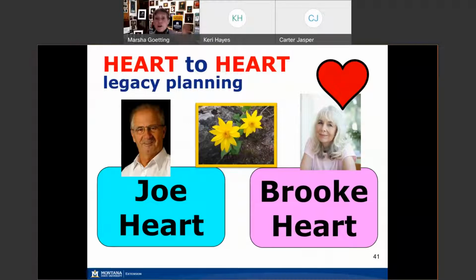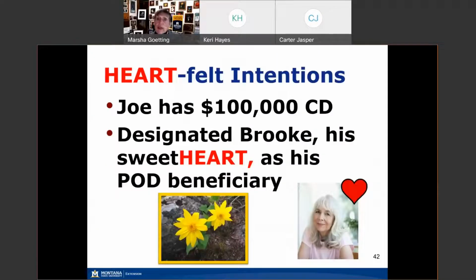We've got heart-to-heart legacy planning. And we've got Joe Hart and Brooke Hart. Oh, really nice couple. And Joe has heartfelt intentions. He also has a $100,000 CD, and he has designated his sweetheart as his POD beneficiary.